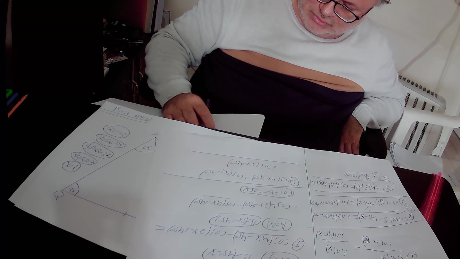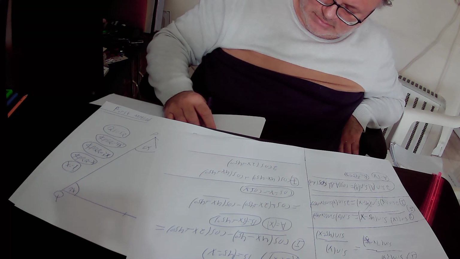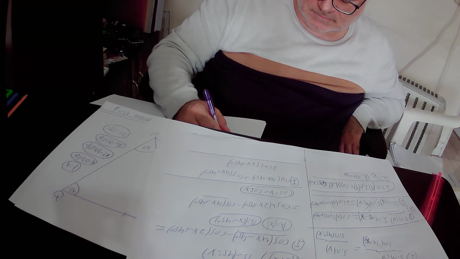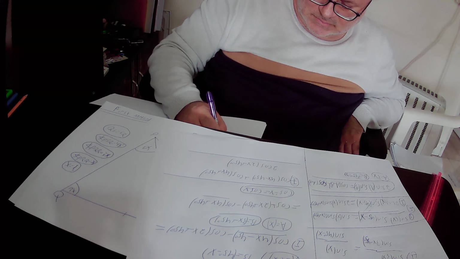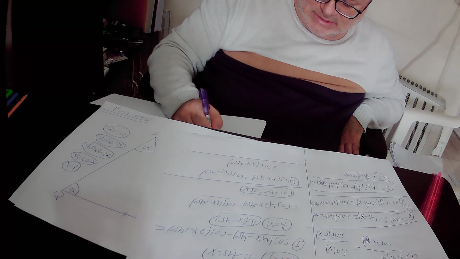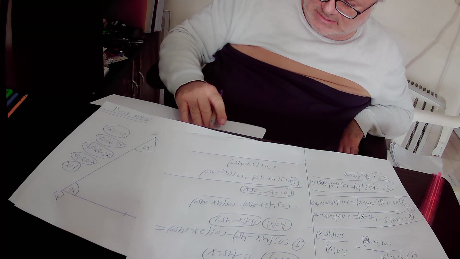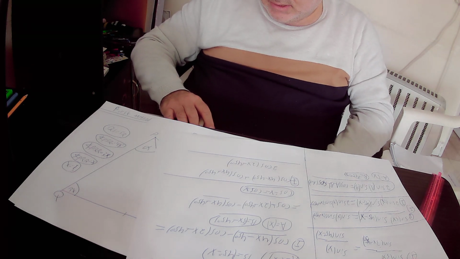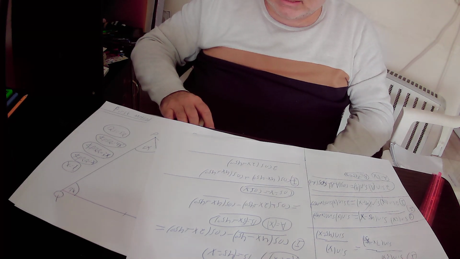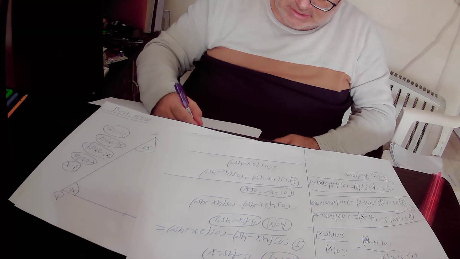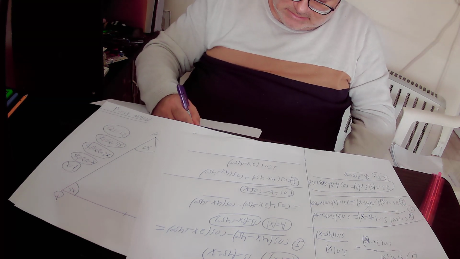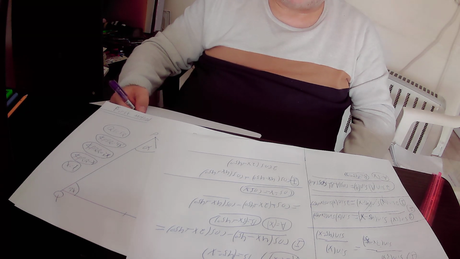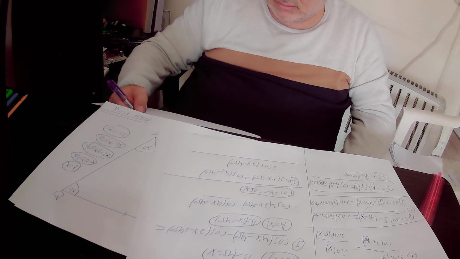So it equals 2 cosine c plus d over 2. c plus d: 4x plus 4x is 8x, and 8x over 2 is 4x, and minus 45 degrees plus 45 degrees is 0.